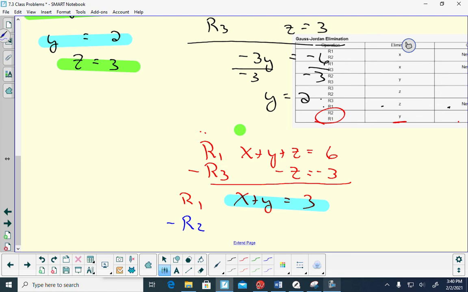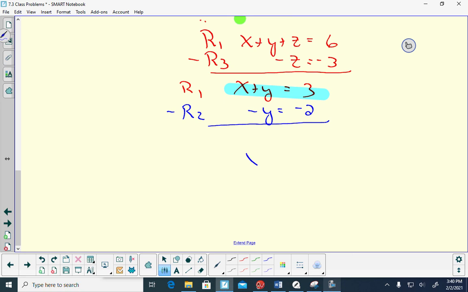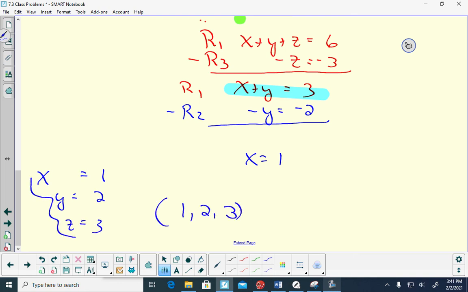And I'm going to have negative y is equal to negative 2, multiplying that whole thing by negative. I'm going to get x is equal to 1. So I'm going to say x is equal to 1, y is equal to 2, z is equal to 3. That would be my reduced row echelon. My ordered pair is 1, 2, and 3.